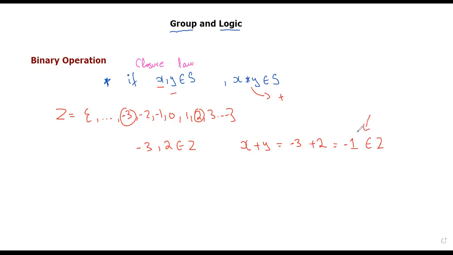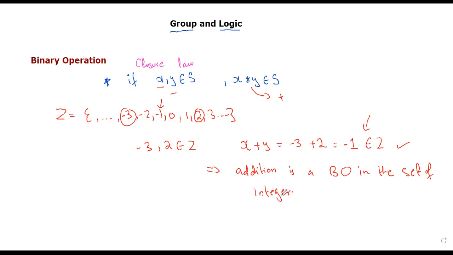Is it correct? Do we have -1 in the set of integers? Yes, we do. So this is correct. This implies addition is a binary operation in the set of integers.